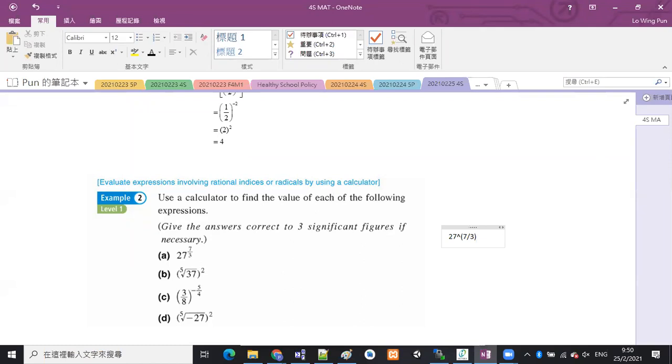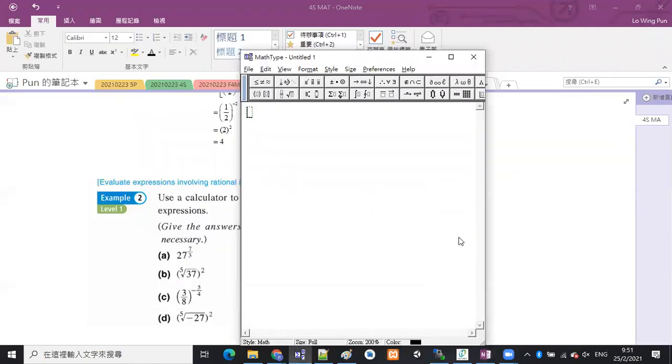Close bracket. Okay, and then for part B, for these root signs, I really suggest you change them into fractional indices first before using the calculator, okay? That is, simplify first. Okay, so that should be equal to 37 to the power 1 over 5, and then to the power 2.